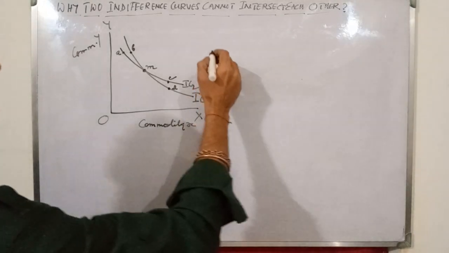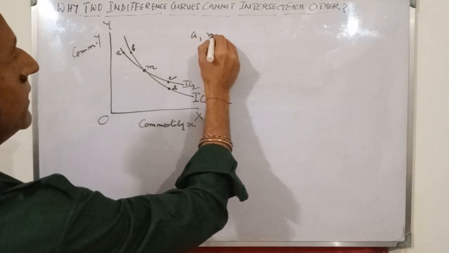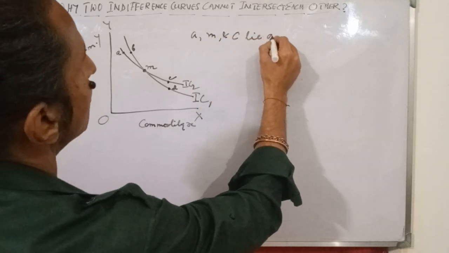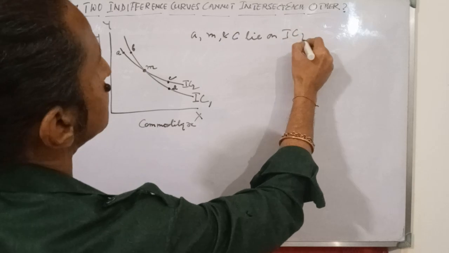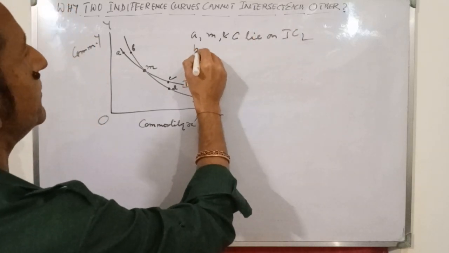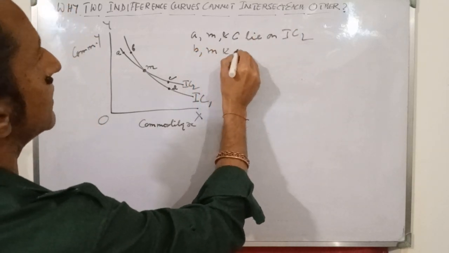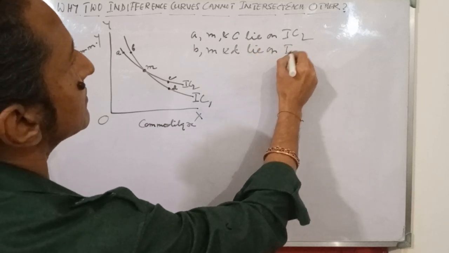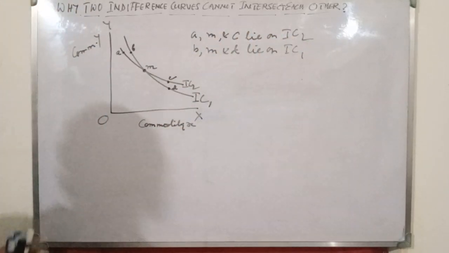So A, M and C lie on IC2, and B, M and D lie on IC1.